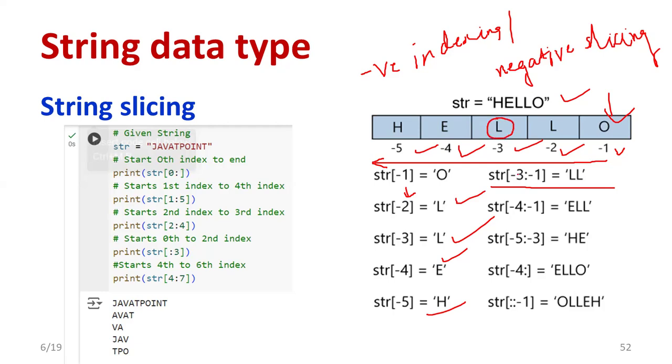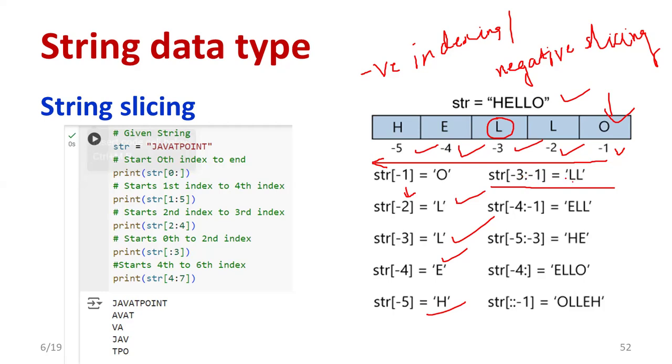Yes, the -3 element will be L only. So that element will be printed first. Next, -3 colon -1 means the lower limit element will be printed, but the upper limit element will not be printed. So what is the upper limit element? -1.